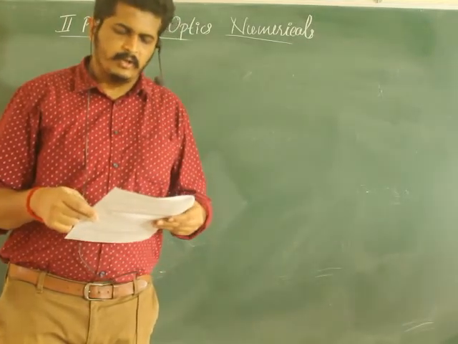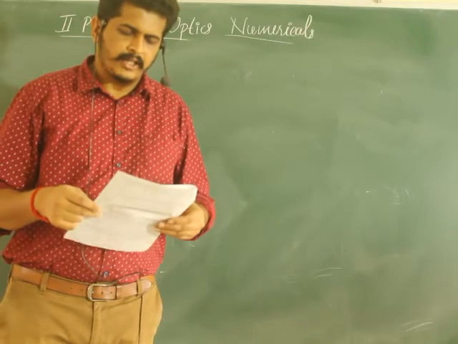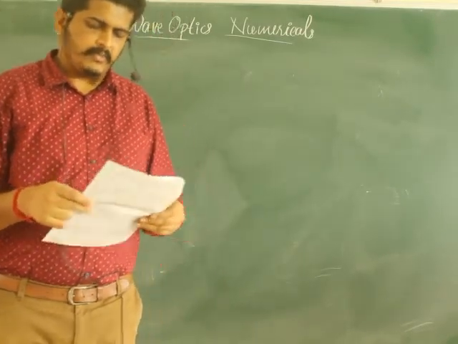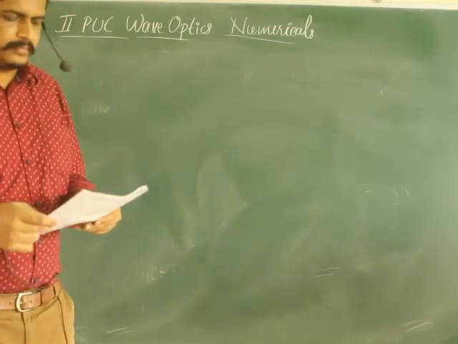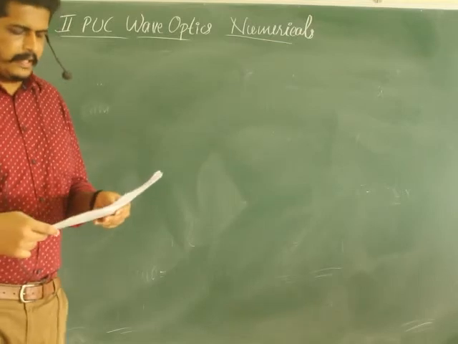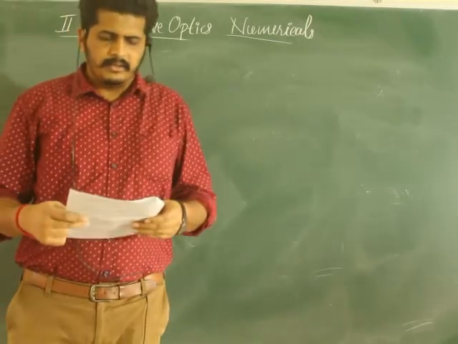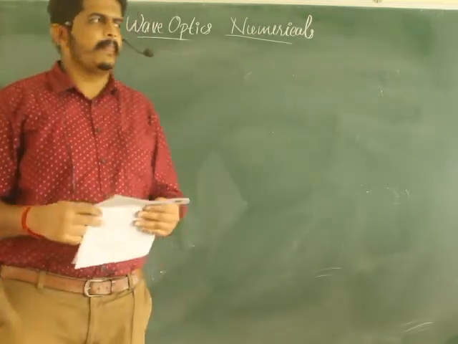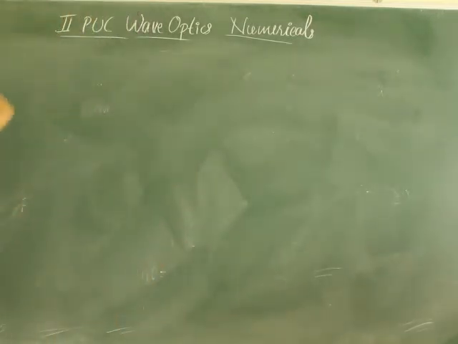What is the limit of resolution of a telescope whose objective has diameter of 100 inch? In inches it is mentioned here. Let us see what is the way of solving this numerical. Question number 13. What is to be found out here? What is the limit of resolution?